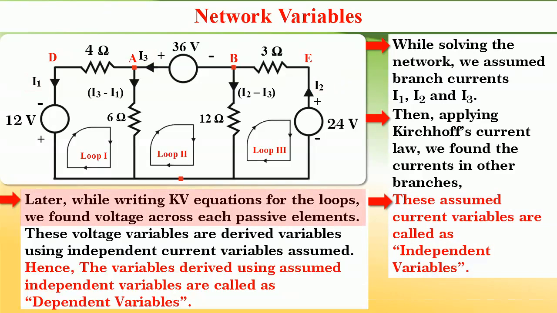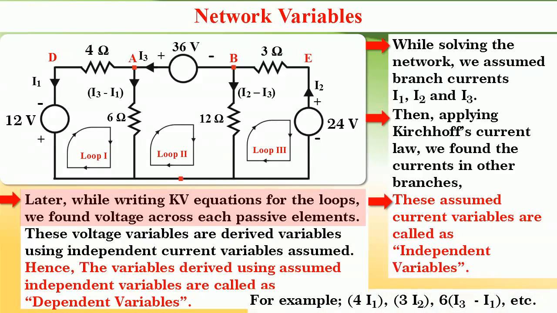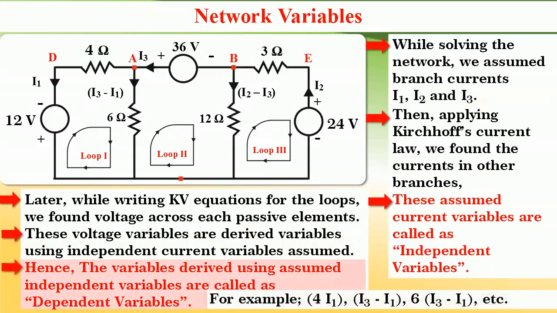Later, while writing the Kirchhoff's voltage equations for the loops, we found voltage across each passive element. These voltage variables are derived variables using the independent current variables assumed. Hence, these derived variables are called dependent variables.